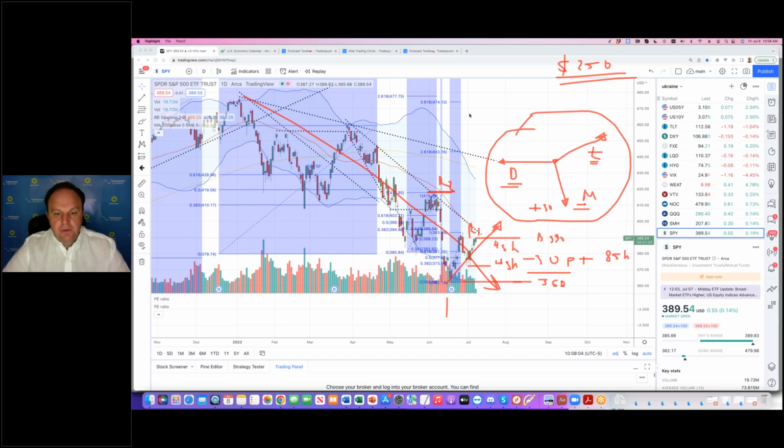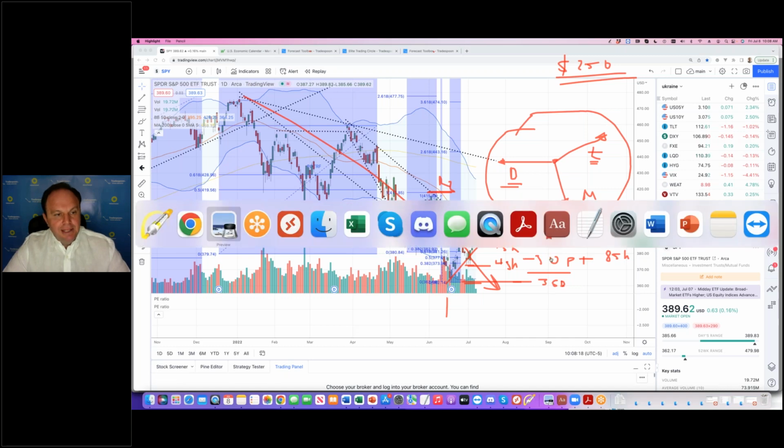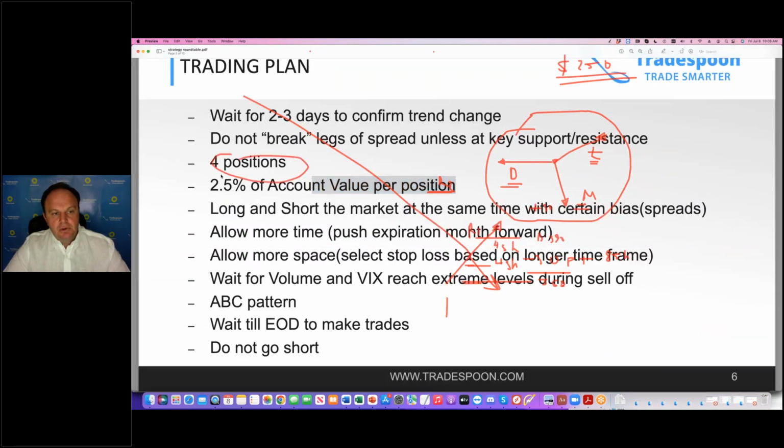So whether you buy technology, banks, or consumer staples, look at the Spiders and QQQ. If this level is broken or this level is broken, then everything follows. But this calculation is the most important. If you can get down the simple rule of 4 positions, 2.5% of account value, then everything else will follow.